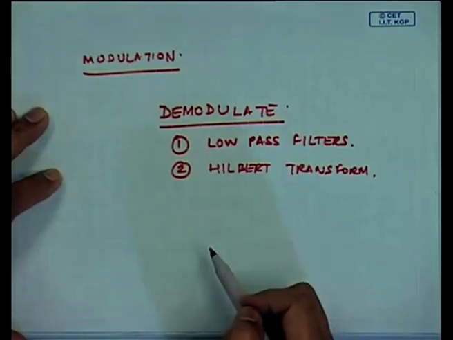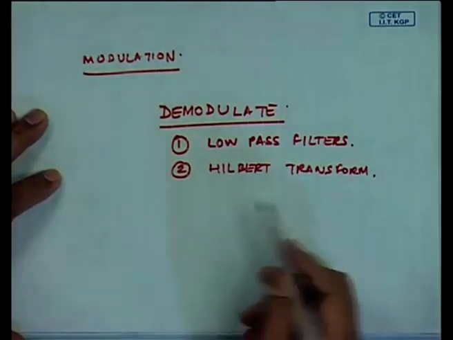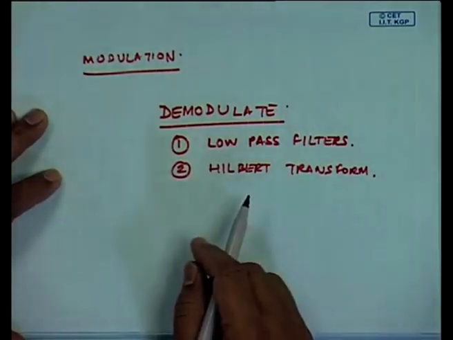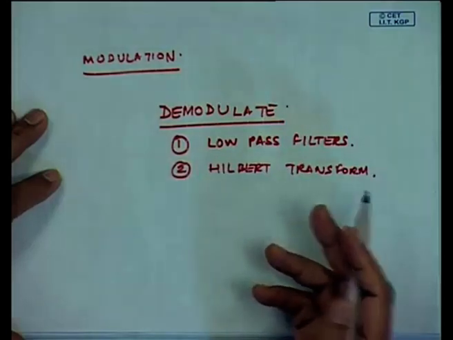But the problem with the low pass filter, as you will realize, is we do not know the frequency content of the signal. So, what my cutoff frequency of the low pass filter should be is a very difficult thing to establish. But diagnosticians or analysts who deal with certain signals play around with the cutoff frequency of the low pass filter, and see whether any meaningful information is being obtained on the low side of the frequency spectrum.